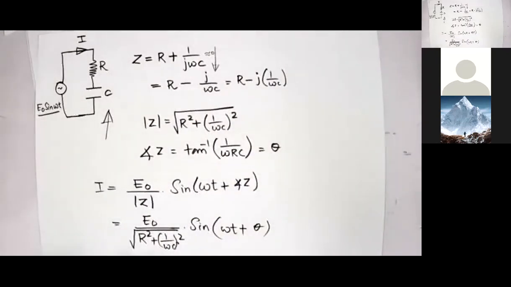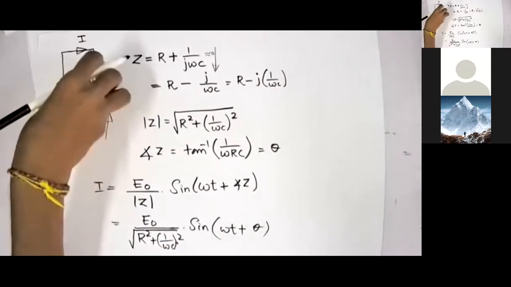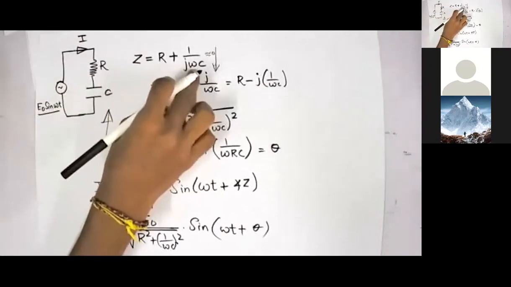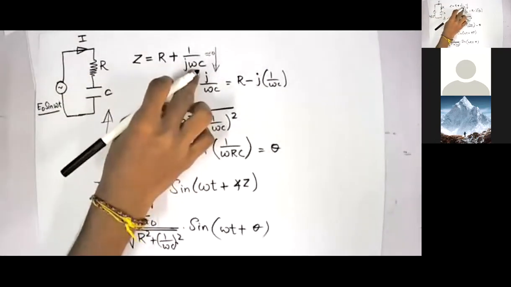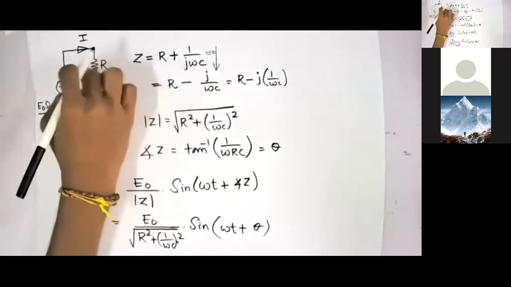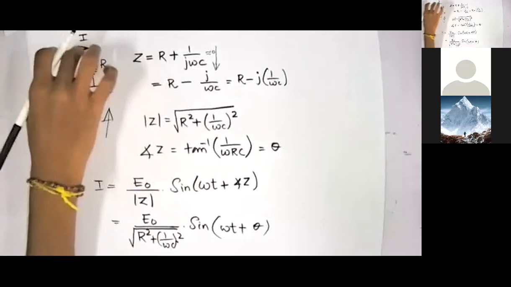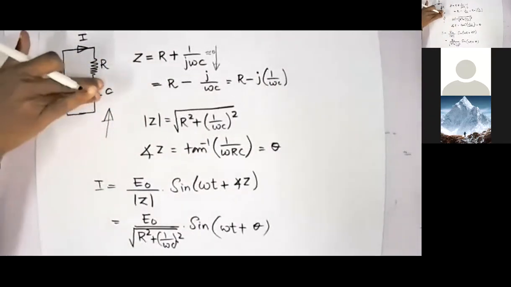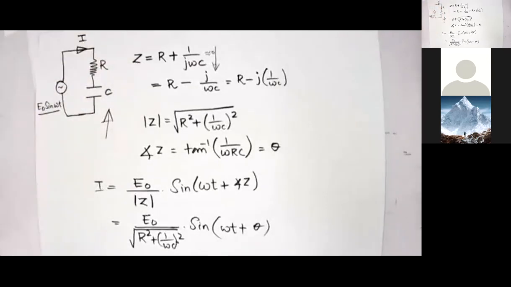So at very high frequencies, I can neglect the effect of the capacitor. When omega reaches 0, this will be open circuited, and even if we have a resistance, the current will be 0 because it is open circuited at this point. So there will be no current through the RC circuit. Clear?